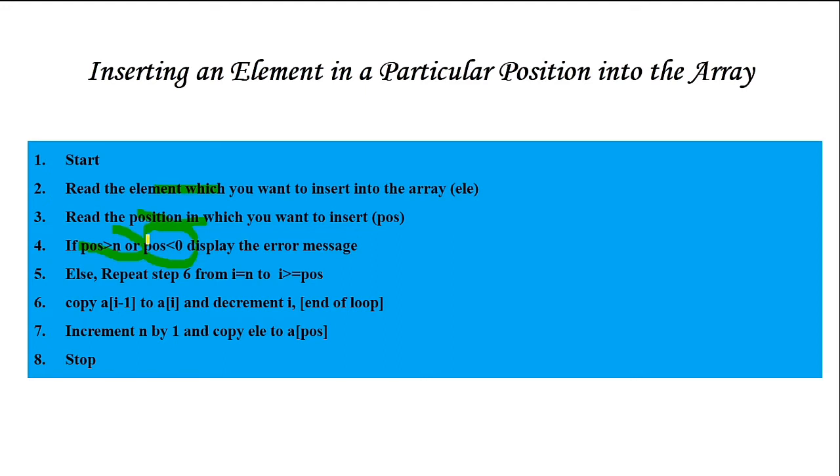Suppose you have 4 elements in the array, then your indices will be 0 to 3, right? So if you give position as 5, you cannot insert the element there because the 4th position is free, isn't it? So if the position is greater than n or if the position is less than 0, then you need to display the error message.